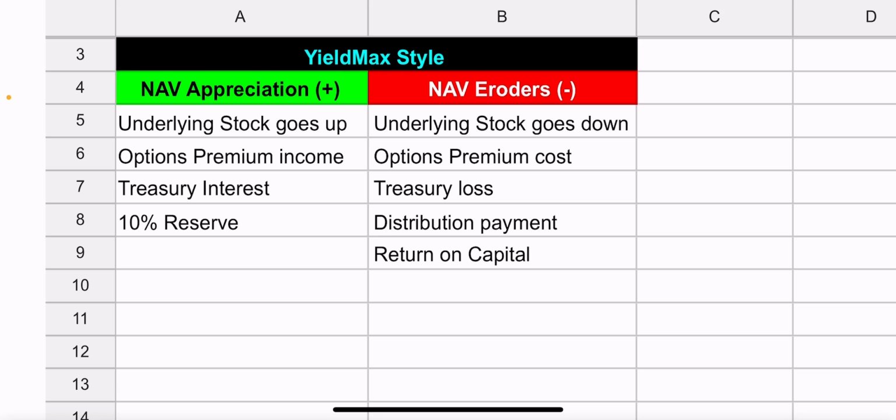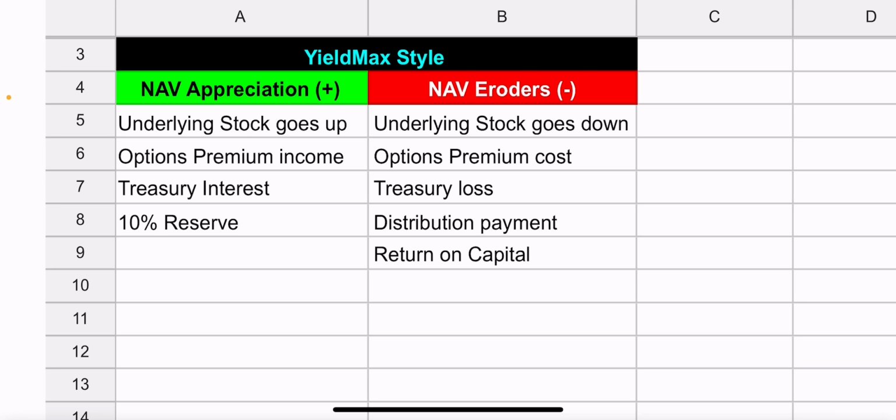So what makes the NAV, or the Tesla or the YieldMax fund prices, go down? For the most part, it's just the underlying stock, because these YieldMax funds start a synthetic position, which is a buy call and a sell put, and that mimics the movement of the underlying stock.